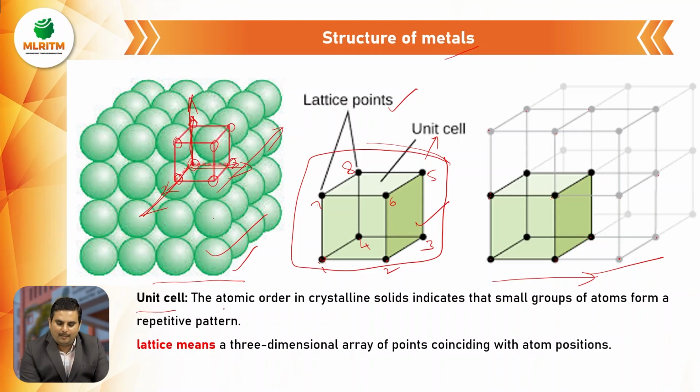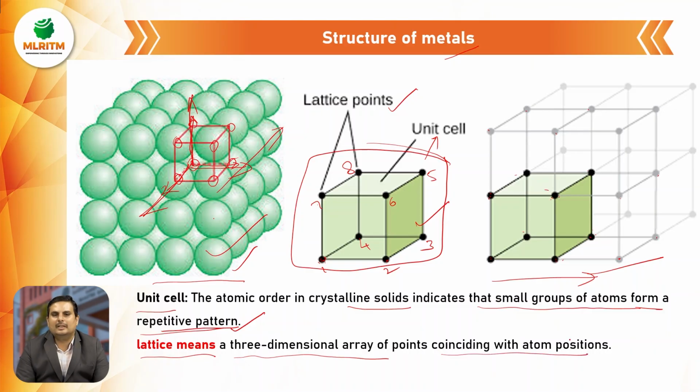The atomic order in crystalline solids indicates that a small group of atoms forms a repetitive pattern. A lattice means a three-dimensional array of points coinciding with atomic positions.